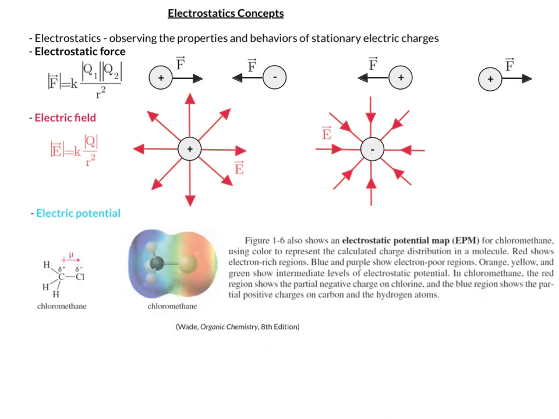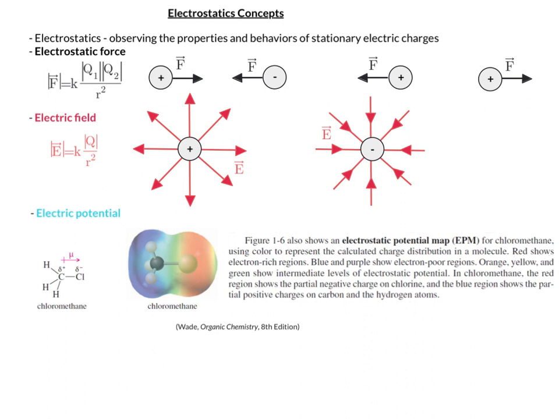Now, you have met electric potentials in chemistry, and you call them electrostatic potential maps. I stole this diagram and explanation from Wade's organic chemistry textbook. So what you have here is chloromethane, and this colorful image tells you which regions are more negative and which are more positive.